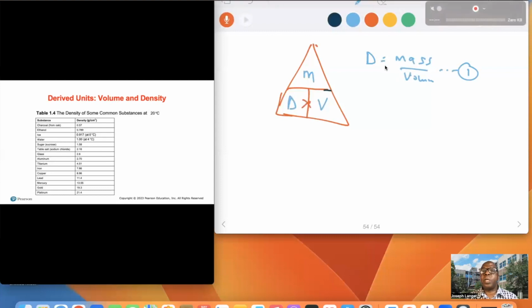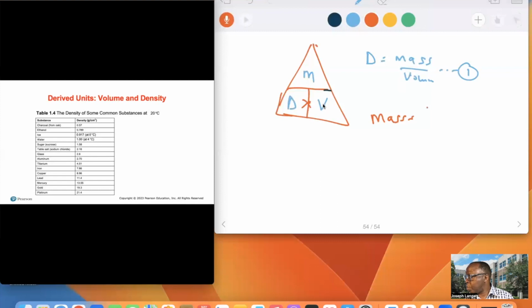What I'm doing is, if I want to find density, it's going to be mass over what? Over volume. Suppose I want to find mass. Mass will be density times volume. So if I check that across, mass equals density times volume, and volume equals mass over density.